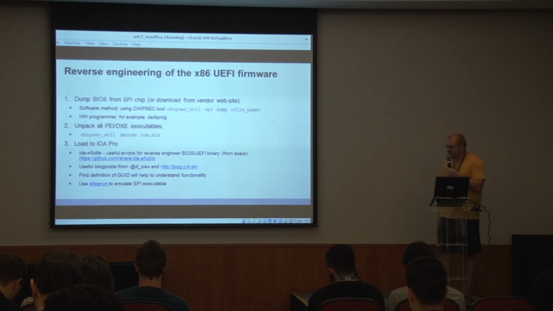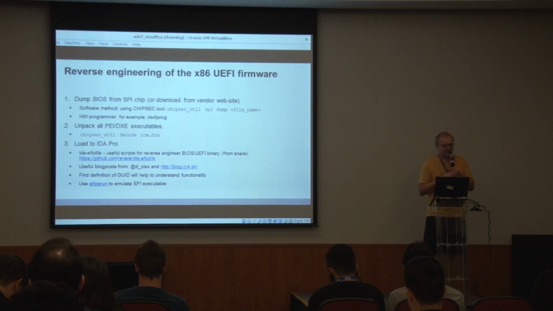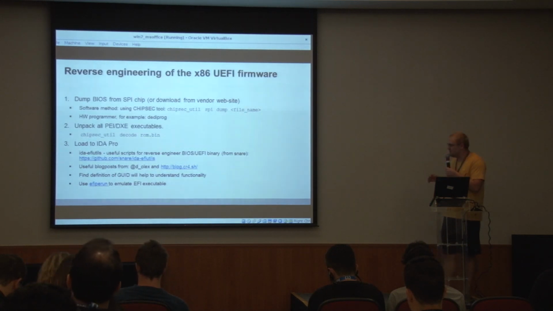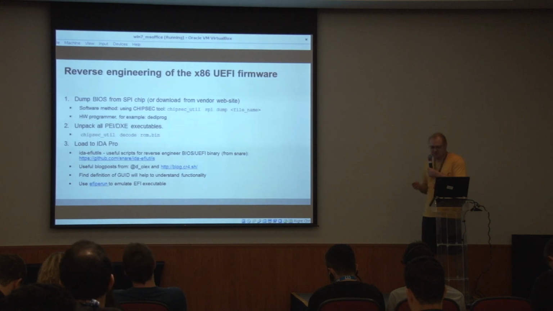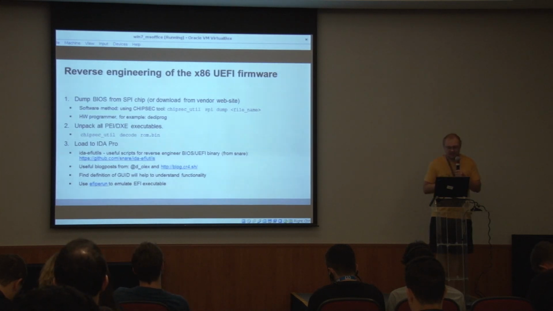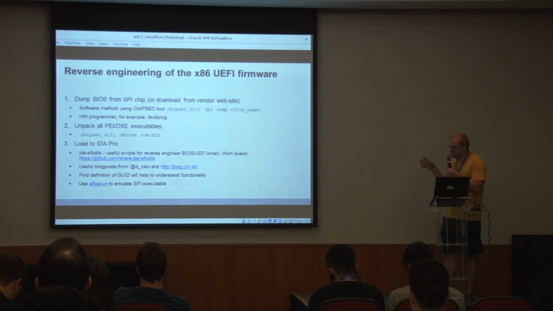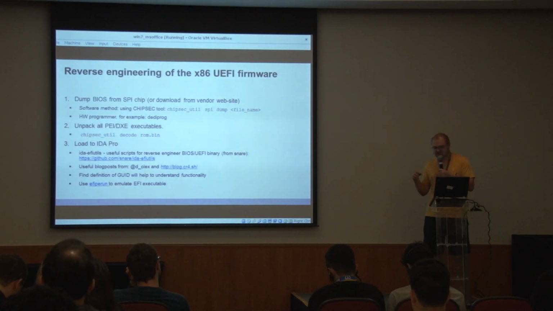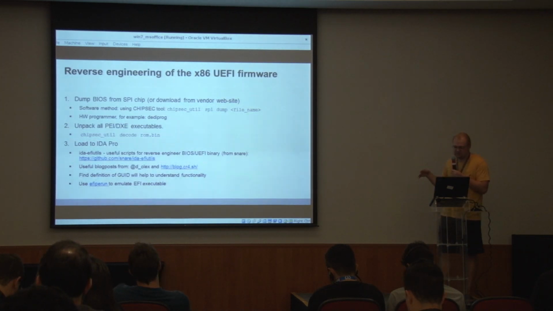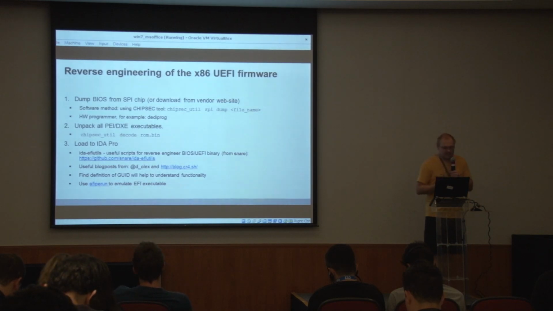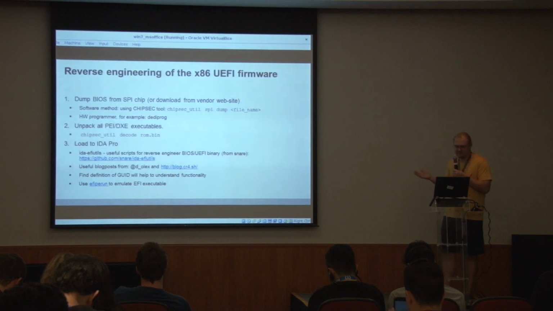There is a bunch of research done right now about how it works, from Dmitry, Oleksandr, from other people, from Snare. I will not stop too much here, but basically, if you want to start analysis of an x86 system, you just need to dump it, decode it, and analyze the binaries which you find. And the binaries which you find will be just regular x86 PE files.